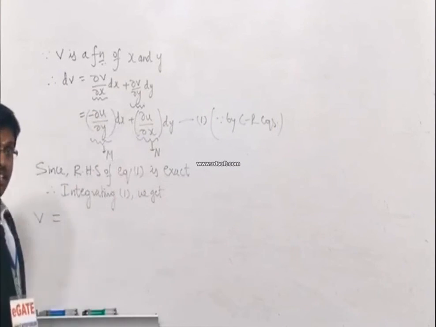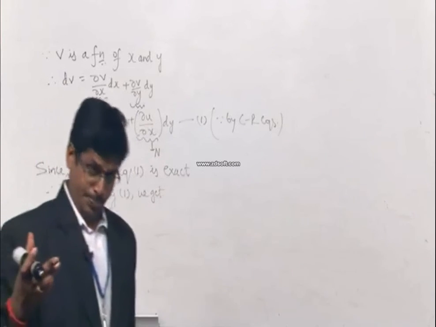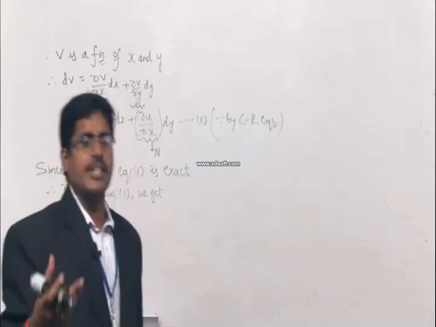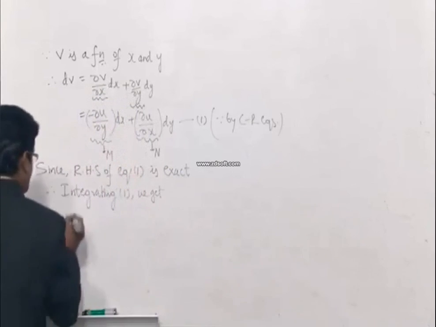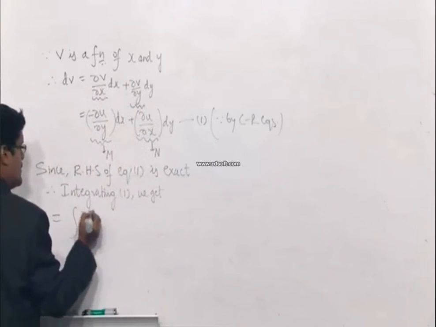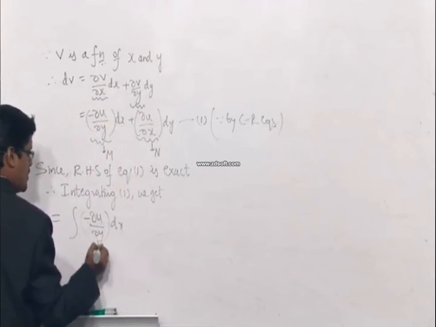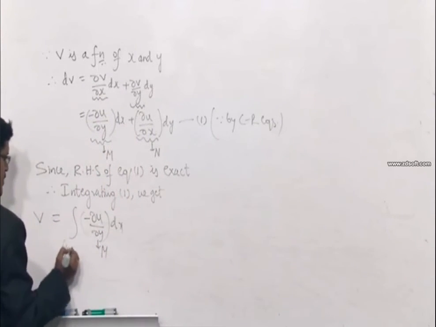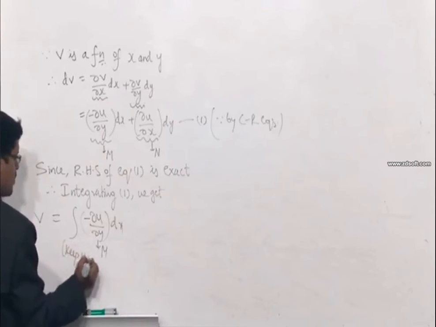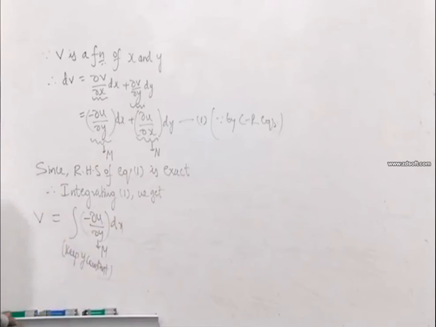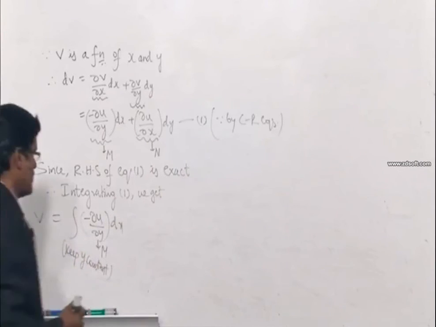whenever an equation m into dx plus n into dy is exact, how did I give the solution procedure? Integral m dx, what is m? Minus dou u by dou y dx, this is denoted by m. In this we keep y constant, y terms constant. Look at the procedure of exact equations in the first order differential equation ODE chapter.